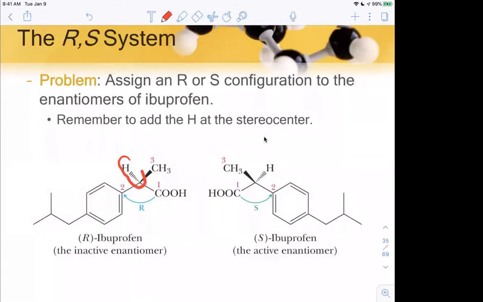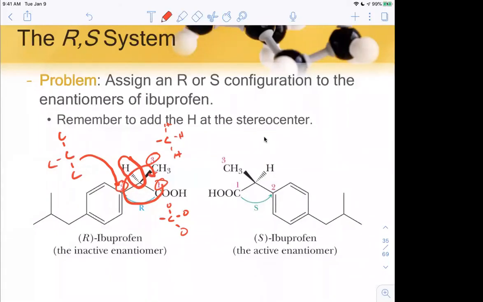So let's look back at our ibuprofen. This is pointing behind me. It's in the correct orientation. This, remember, is O, O, O. This is H, H, H. And this carbon is carbon, carbon, carbon. So this is first priority, second priority, third priority. Well, I'm going to draw my circle.